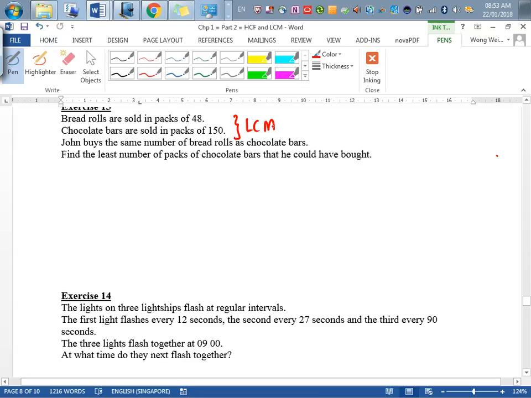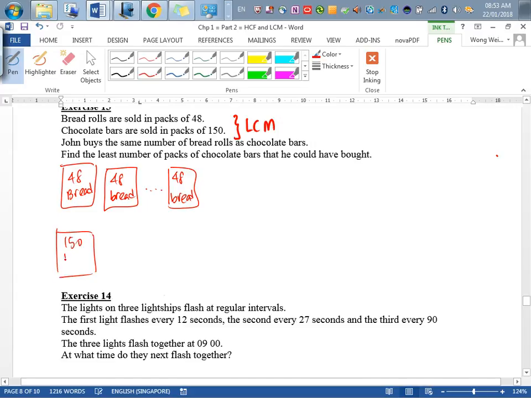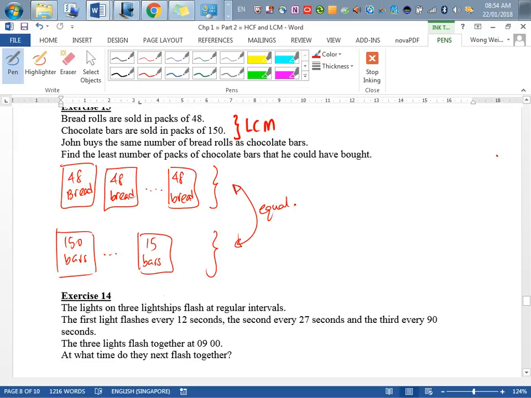So, if I were to draw it out for you, this person bought 48 bread, 48 bread, I don't know how many he bought, and then he had 150 bars, 150 bars. All these are equal. Finally, they have the same number of pieces of bread and chocolate bars.